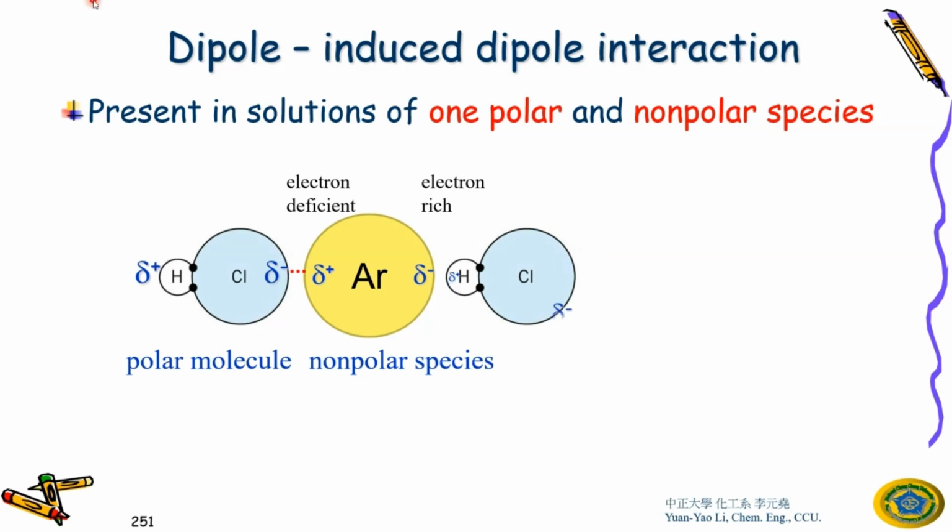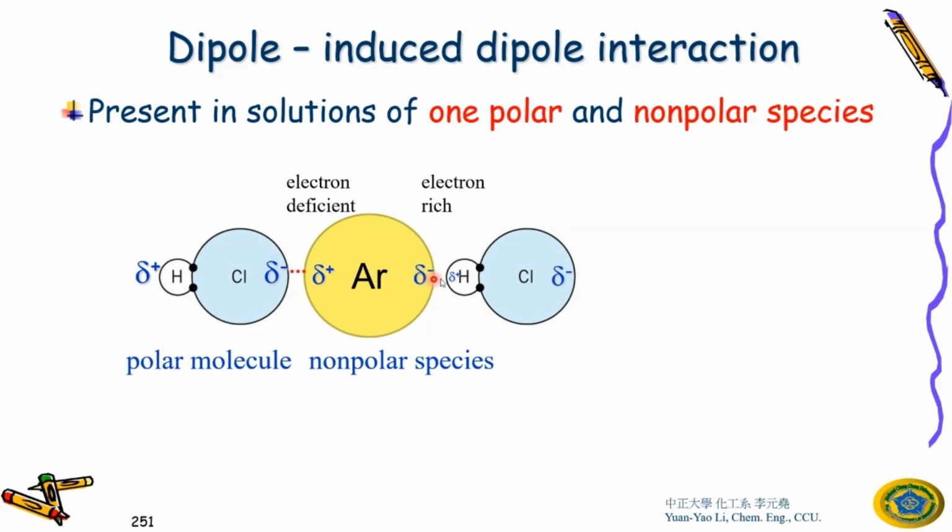Again, you have a third molecule come in. We can assume this is hydrogen chloride again. The negative charge won't come to this part, because that would be positive and positive repulsion. The molecules want to attract each other, so the positive charge will be in this part and the negative charge in this part.